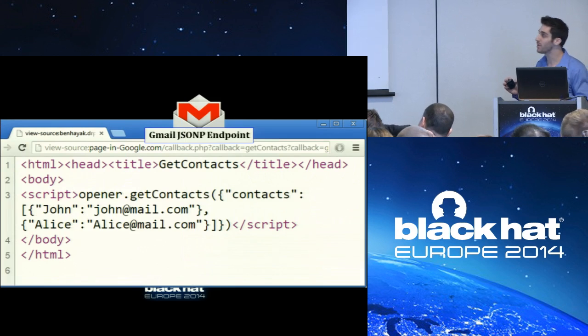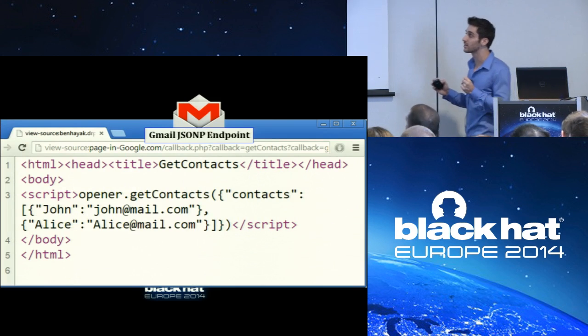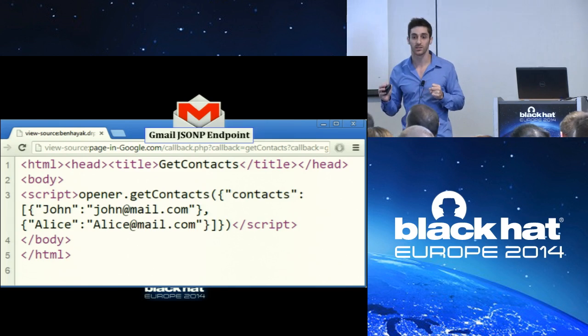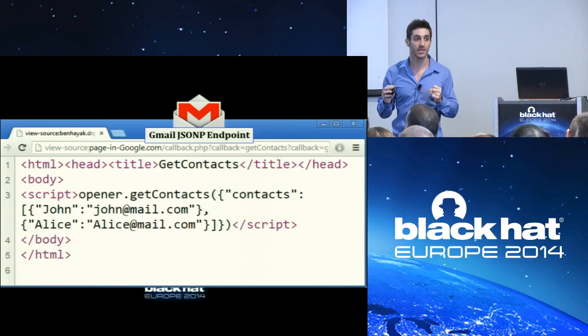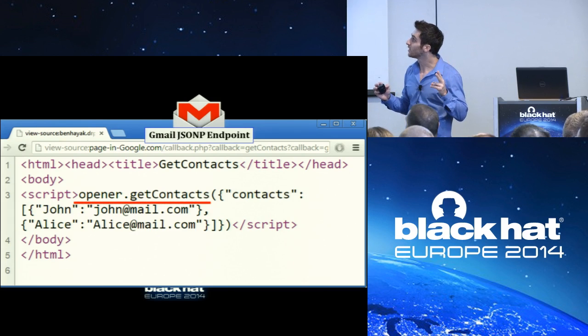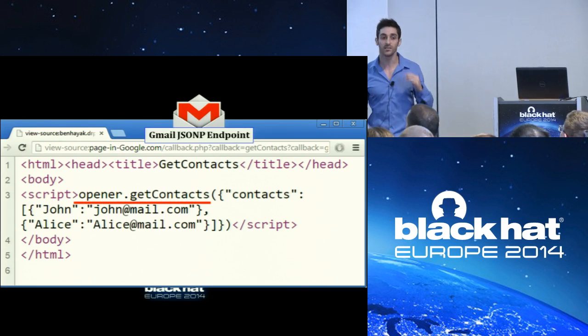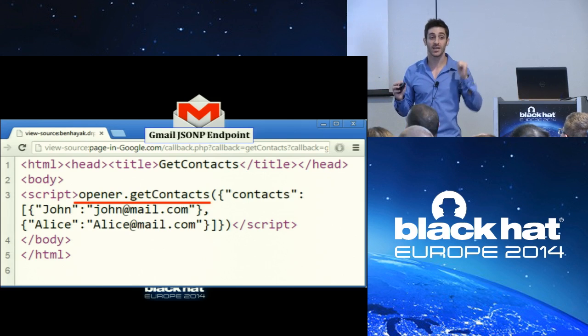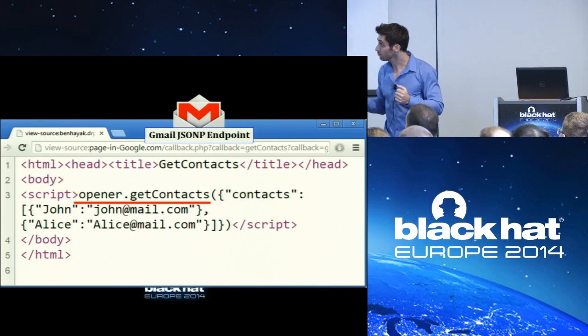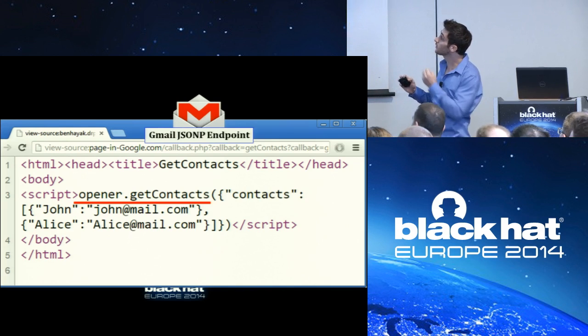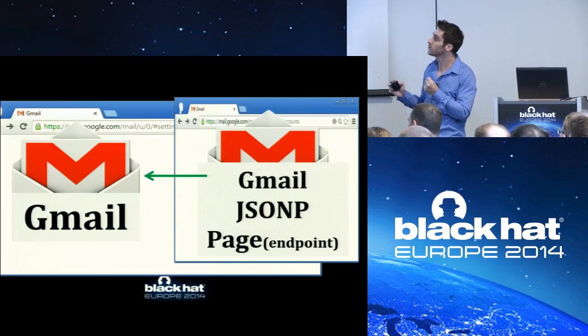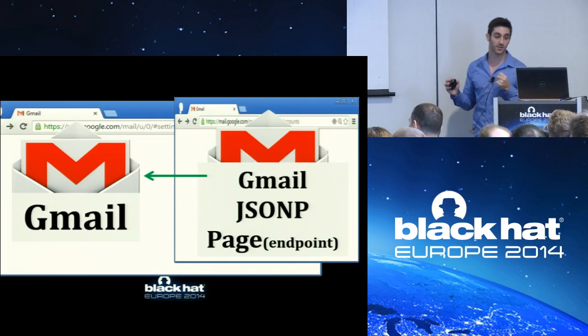So this is the page that Gmail will make to make this work. They will make a JSON-P endpoint or a page that executes get contacts on the main window, on Gmail, the window you saw on the left side. But you can control the callback function, and you can change that to another thing.